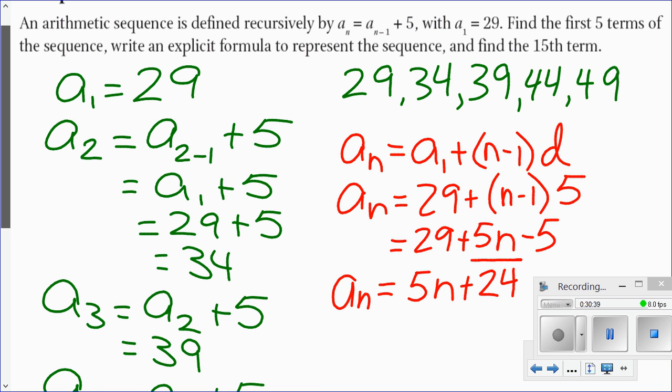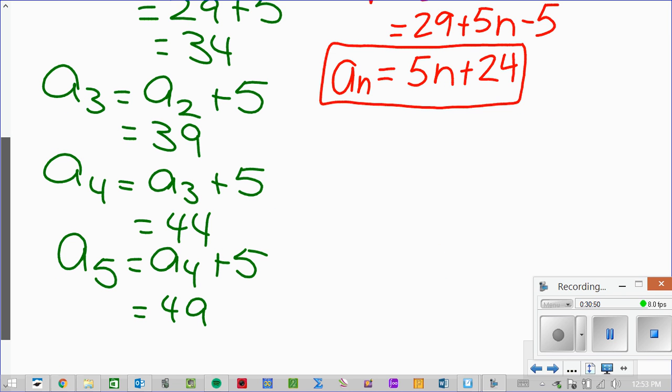So now, it says find the 15th term. So everybody find the 15th term. Find the 15th term for me. Not 7. This is 5 times 10.